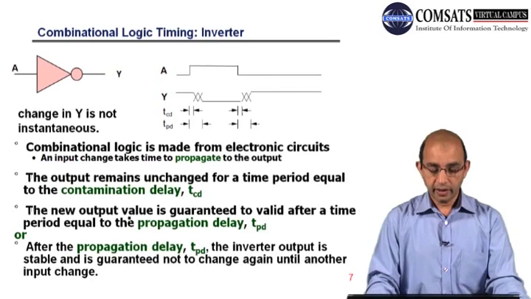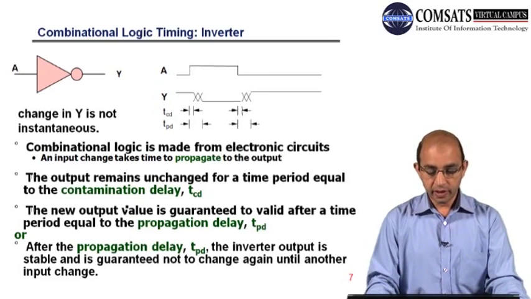Whenever we apply a new input, you are expecting the new output. As a result of those different delays, contamination delay and propagation delay, the output value has to be valid after a time period equal to propagation delay, and you can see that this is the output.